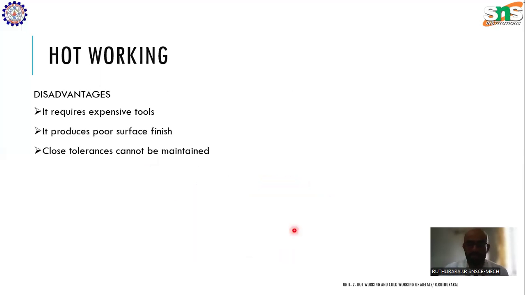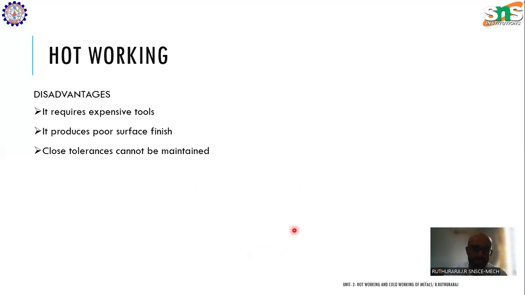There are some disadvantages to this hot working process also. As you can see, it requires very expensive tooling. The reason being, you are subjecting the material to higher temperature, heating it to a recrystallization temperature around 700, 800 degrees Celsius. So the tool which is used to apply load should be able to withstand that temperature.